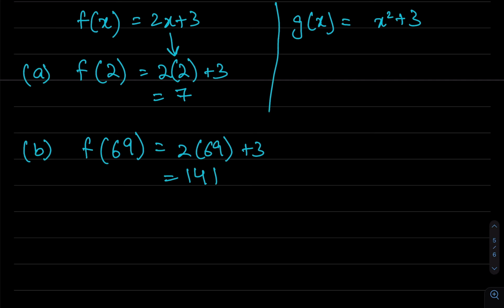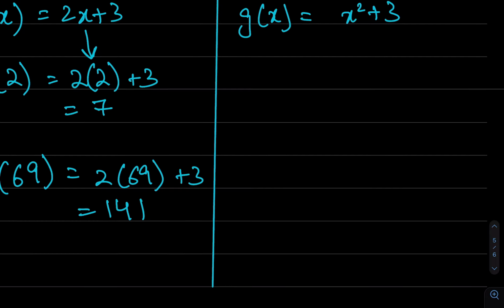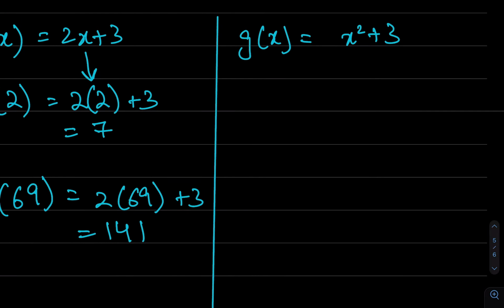Now let's take a look at this function, g. Let's say we've got g of 10. So we're gonna input 10 and take the square of it. We are just putting 10 in the place of x. So x was being squared, so we squared 10 over here. If it was x cubed, we would have taken the cube of 10. And the rest is going to be the same. 100 plus 3 is 103.